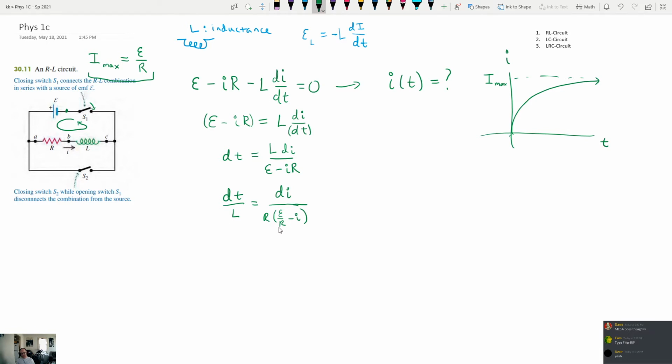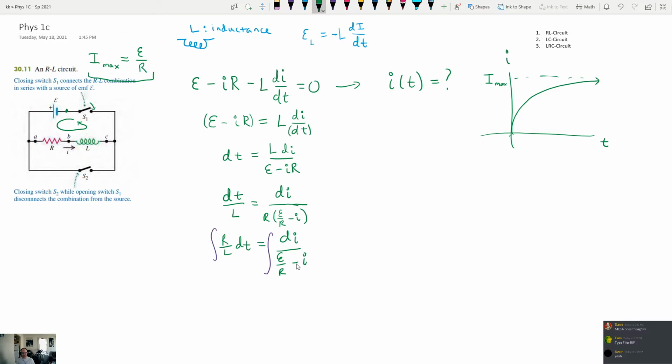I have to decide if I want to factor a negative out too. I don't think it really matters. Multiply the R to the left-hand side, so we have R over L dt equals di over E over R minus I. And in this form, we can integrate both sides.